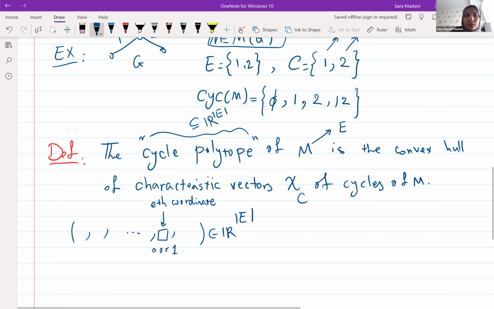If e is inside the cycle, then I choose 1, and if e is not in my cycle, I choose 0, vice versa, of course.